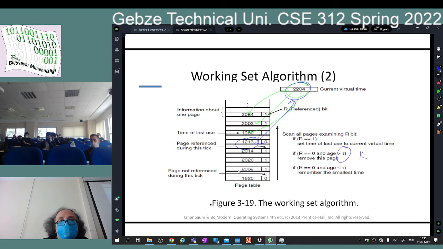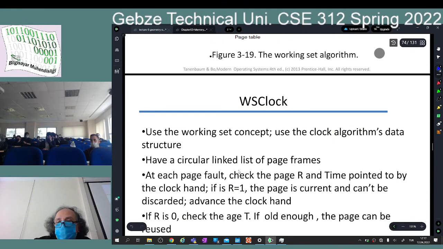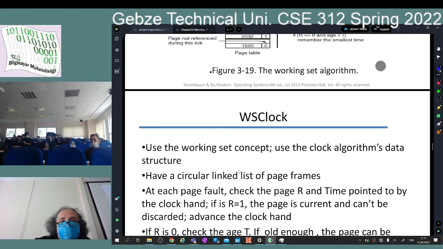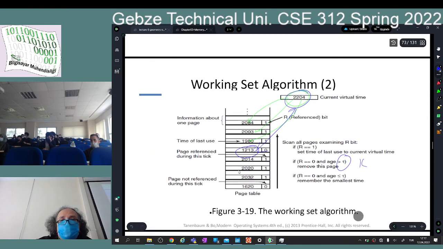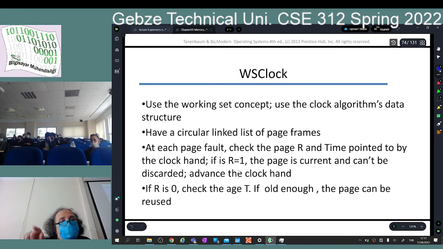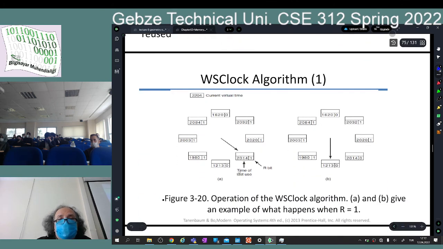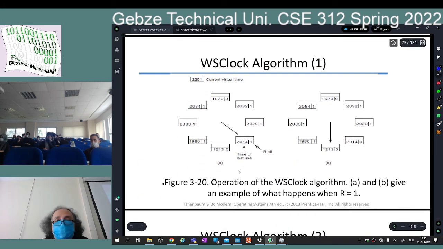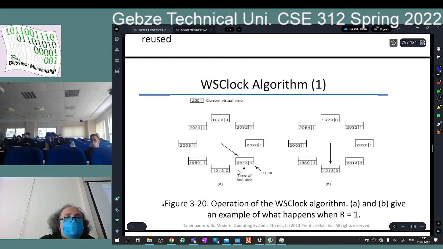Okay, so that's the working set algorithm. As always, this is the idea, but we are going to make this idea a little bit nicer. We are going to combine this idea with the clock idea, and I don't have much time, but I will show you this and I will stop here. Next time I will pick up from this point. Working set clock algorithm.